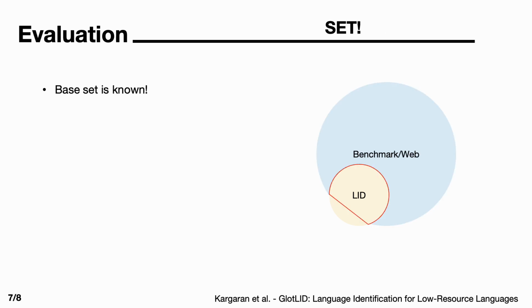Set Exclamation Mark is another setting, where the base set is known. For example, here you have the benchmark and one or two LIDs, and you just consider the intersection of the languages that are known to all of the LIDs that you have.